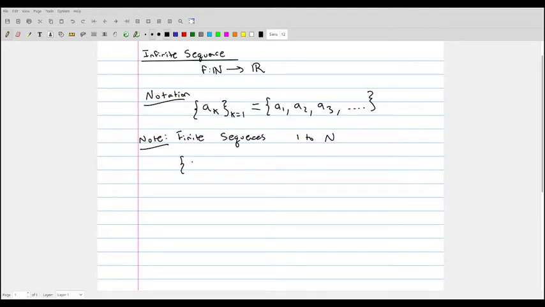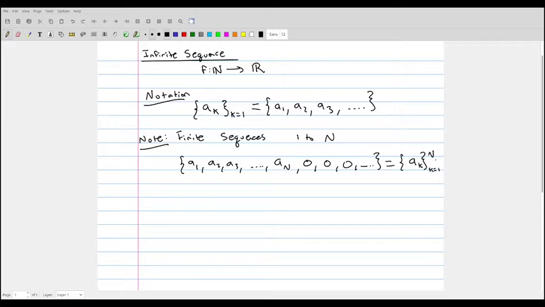You can write it as a1, a2, a3, all the way up to a_n, and then just zeros all the way down for the rest of the elements. So in shorthand notation, we write this as a_k, with k equals 1, and then stopping at n.